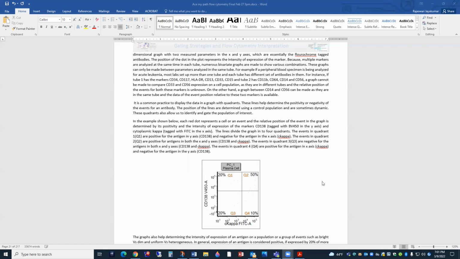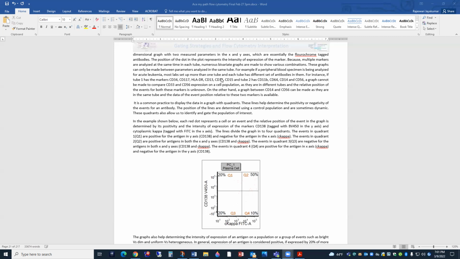And then each and every cell that was subjected to, let's say, 8 antibodies in one tube, we will know the relative expression of each of these antibodies, right? So for example, in one tube you had 34, 117, DR, 13, and 33, 15. Then you can compare the expression of any of these markers between themselves in that tube.